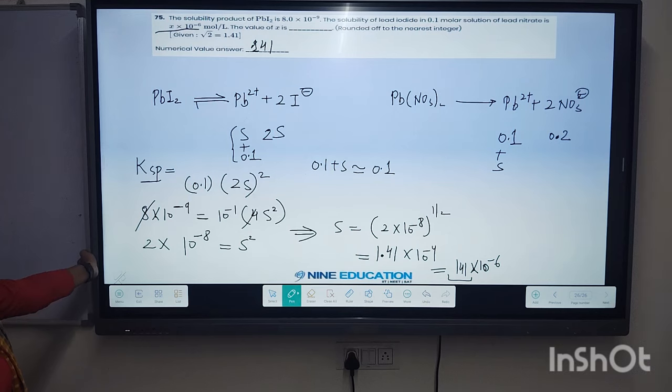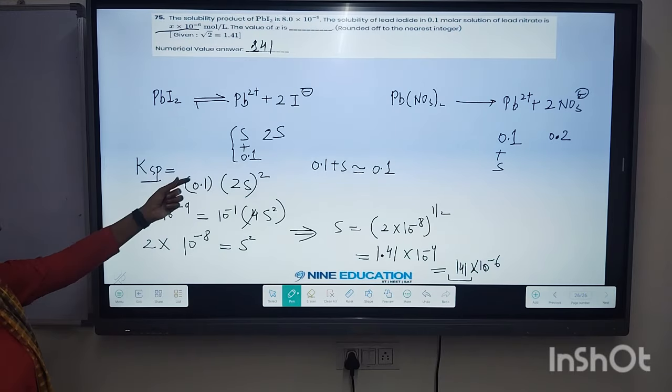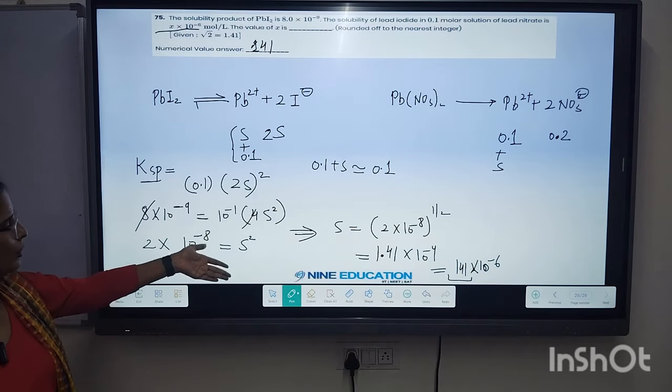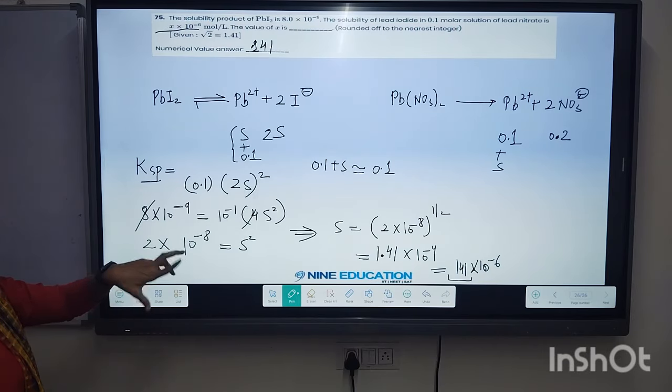Again, if I need to discuss the key points of this 75th question, this is a basic solubility product question in which we are having PbI2, and we are putting it in lead nitrate solution. So we are having a common ion, which is Pb2 positive. So we take the effective concentration, put it in the KSP to get the S value, and they are asking us to give solubility in a specific expression.